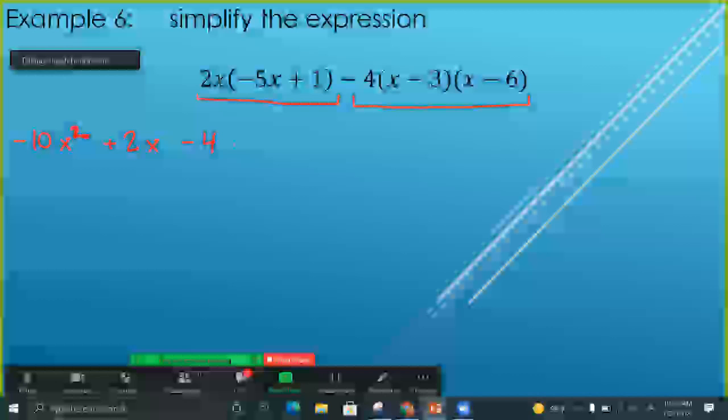We haven't done the second multiplication sets yet. I'm just going to copy these down. Okay, now the truth is the order that we multiply this stuff together doesn't matter. But since we've got this negative 4 times x minus 3, why don't we do those first, multiply those together, and then we'll multiply that product to x minus 6.